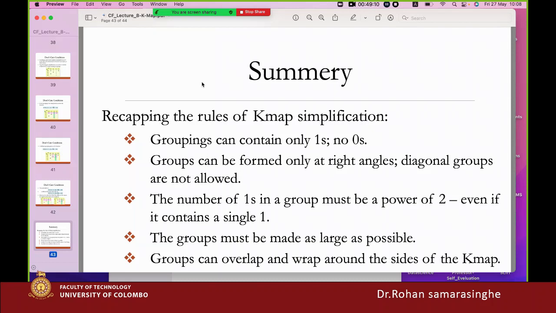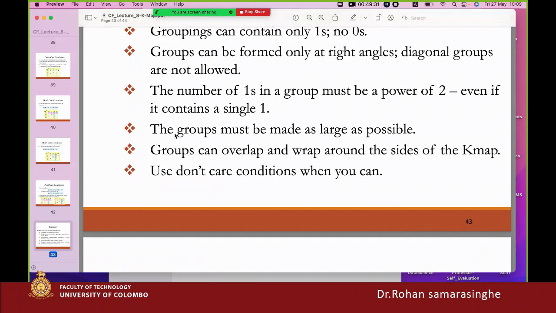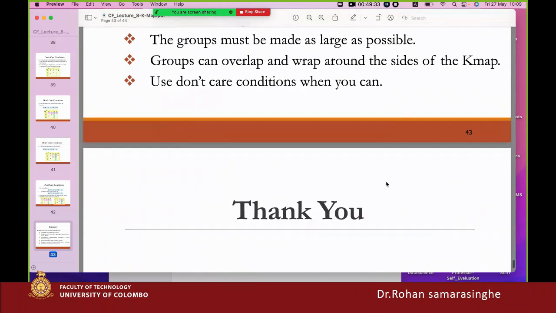The number of ones in a group must be a power of 2, even if it contains a single one. That means 2 to the power 0 is 1. The groups must be made as large as possible, and groups can overlap and wrap around the side of the K-map, and use the don't care condition when it is needed.